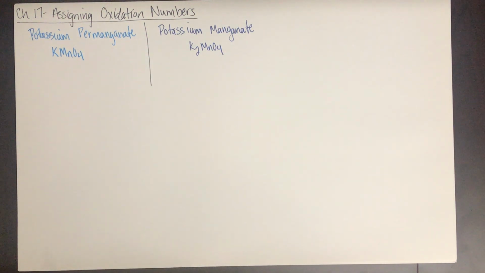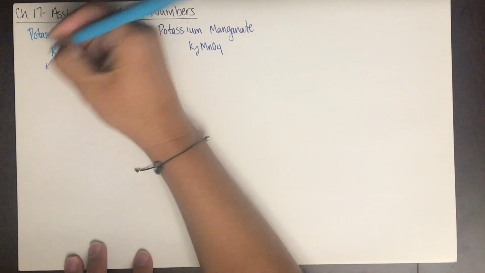We'll actually assign the oxidation number for all of them. So remember, the rule is that both of these are compounds, which means the sum of the oxidation numbers has to equal 0. For ions, it has the charge of the ion.